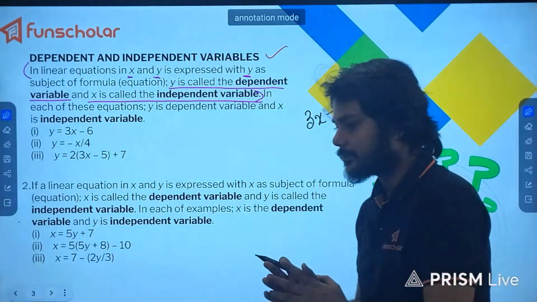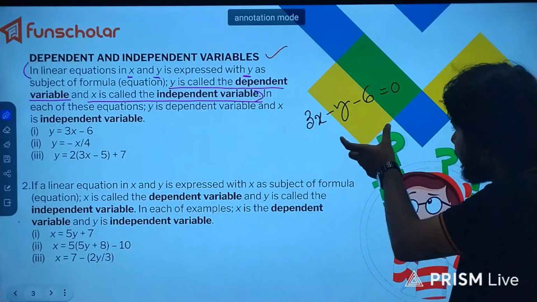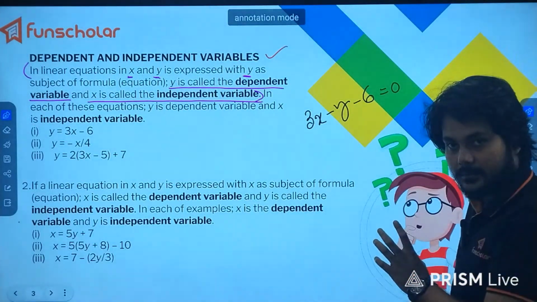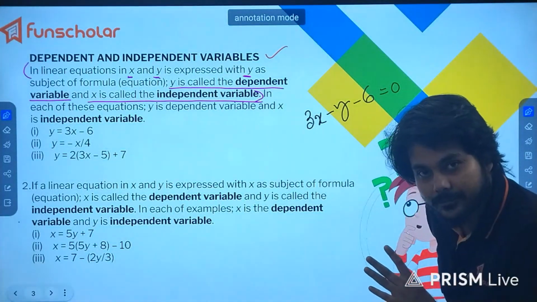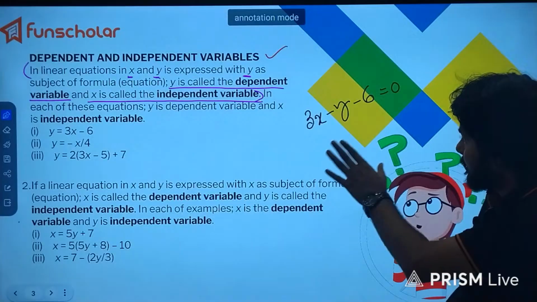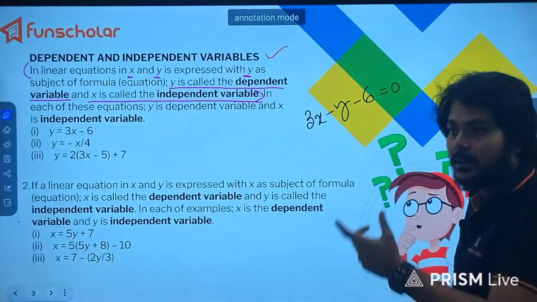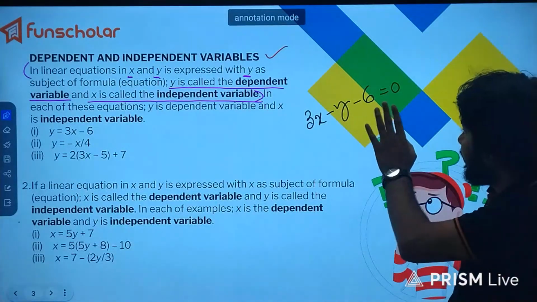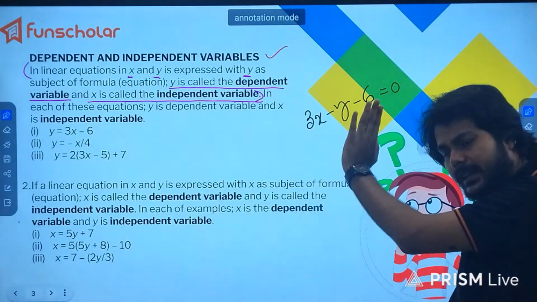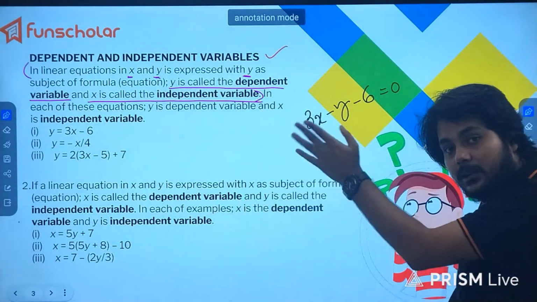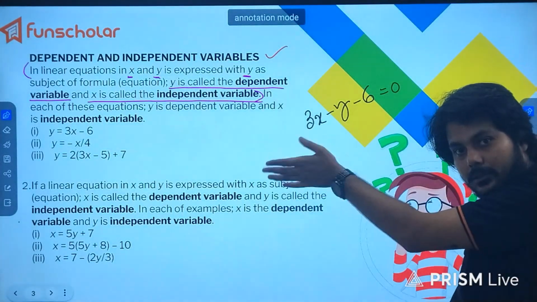Now, can you express this equation in terms of x or in terms of y? If we want to express this equation in terms of x or in terms of y, then we need to keep a particular variable in the LHS, and we need to transpose the other variable and constant terms to the RHS.